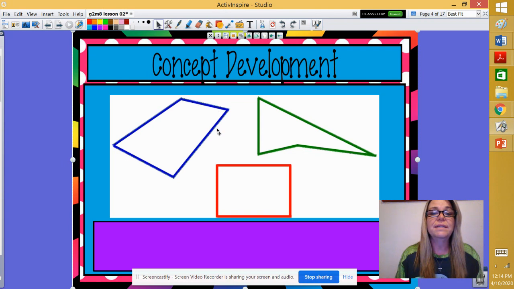And the last one has 1, 2, 3, 4 sides, 1, 2, 3, 4 angles. So what are we going to call a four-sided polygon?